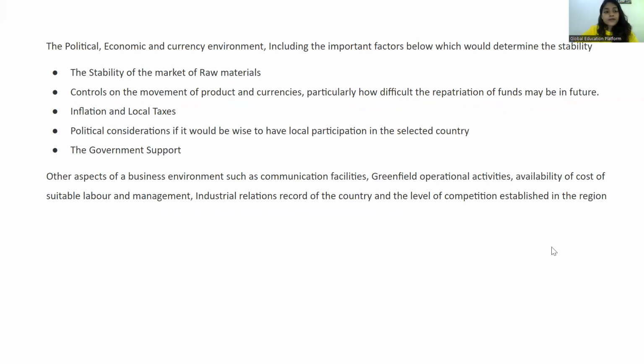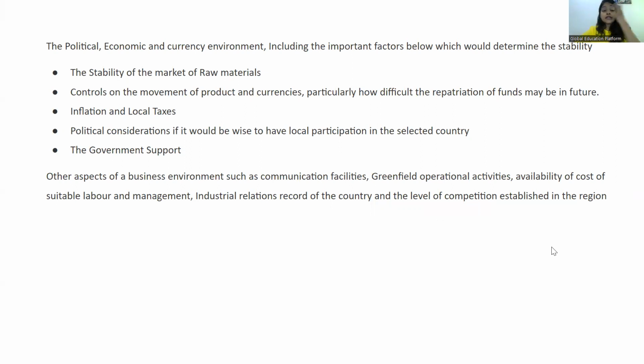Right. The political, economic, and currency environment include the important factors below, which would determine stability. First would be the stability of the market for raw materials. We also saw the raw material element in the previous sessions, because that is one of the very important elements.